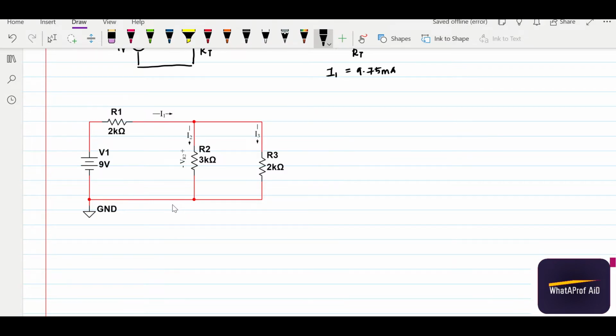So without using mesh analysis or nodal analysis, we have to simplify the circuit first, where we can get the parallel resistance over here. So let's say 1 over RT equals to, we get the RT first.